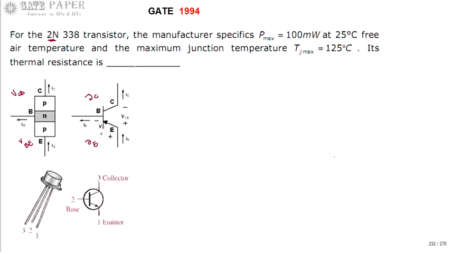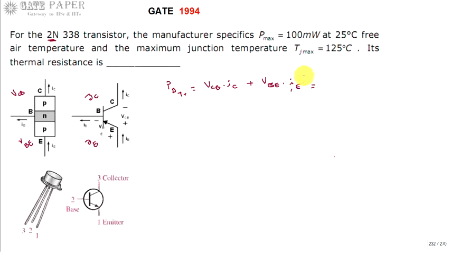Power dissipation at transistor level happens only at the junctions. At each junction, the power is calculated by multiplying the current flowing through the junction and the voltage across it. So at the collector base junction it is VCB multiplied by IC, plus VEB into IE, and we know IC and IE are approximately equal.